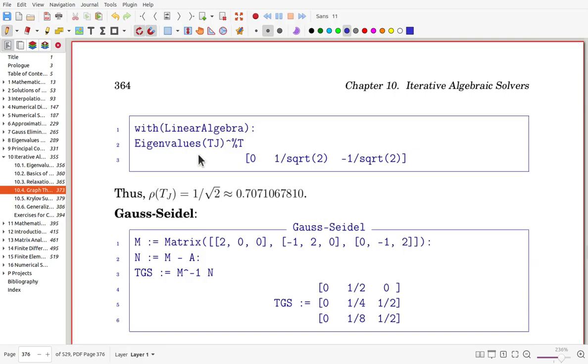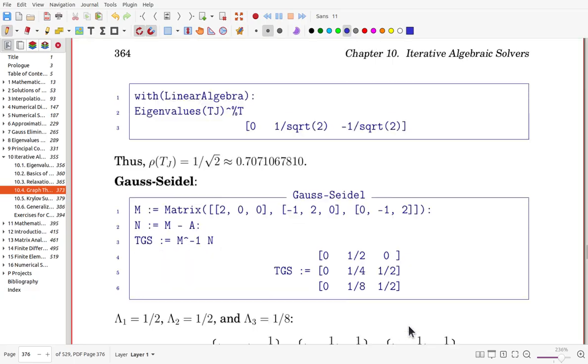By using software, we can see the spectral radius is 1 over square root of 2. So it is really smaller than 1. Exactly the same way for the Gauss-Seidel method, we can test it. Now we get the iteration matrix, that is this one.